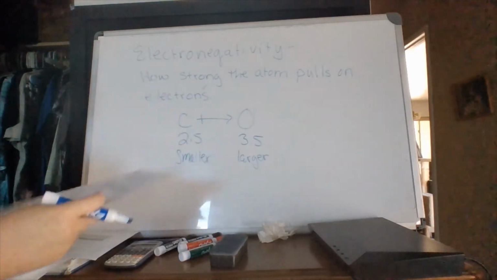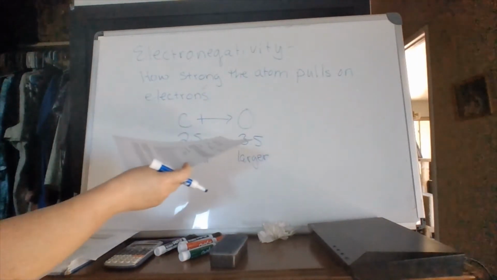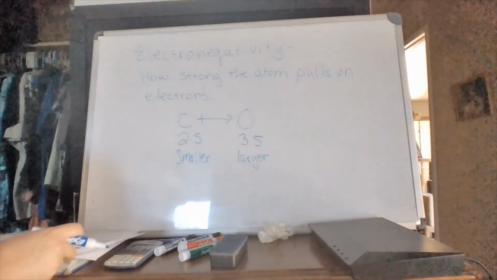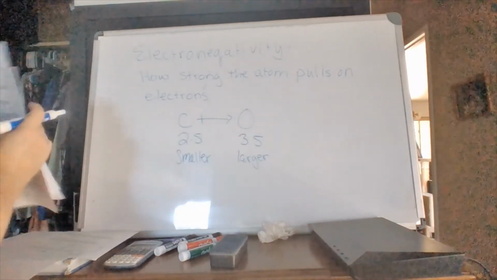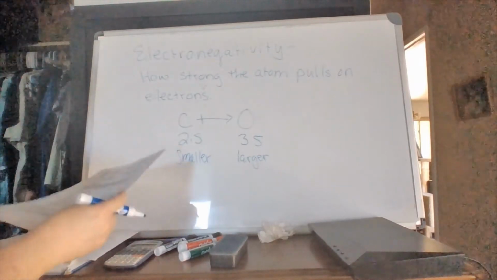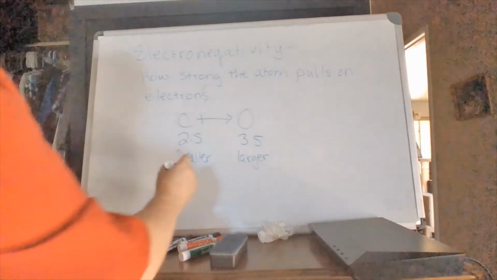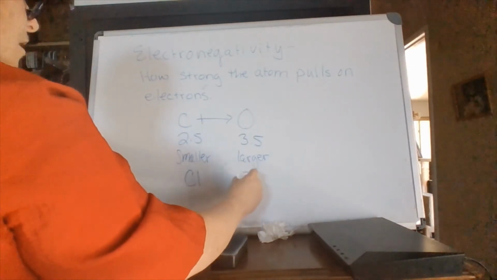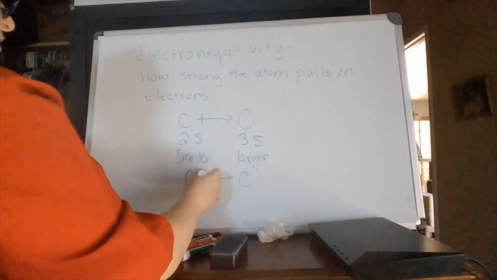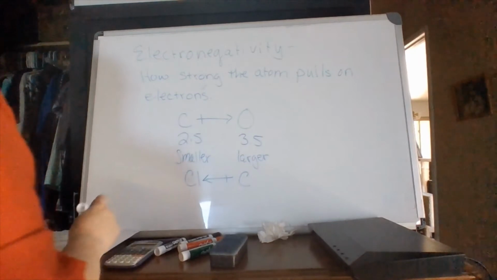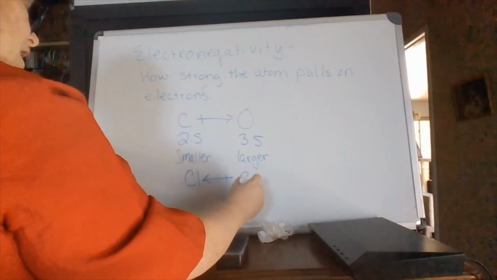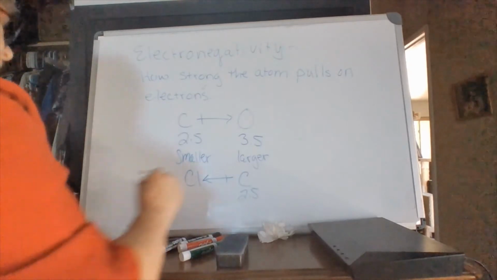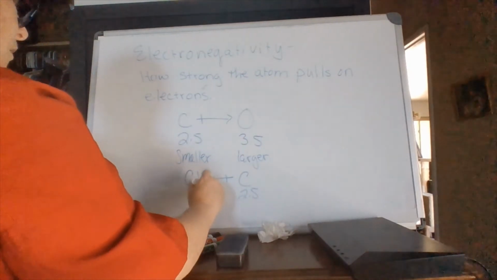And if all your bonds are carbon and oxygen, you only need to put that once. If you have a carbon to a chlorine, then you would also add that one. Carbon is 2.5 and chlorine is 3.0.